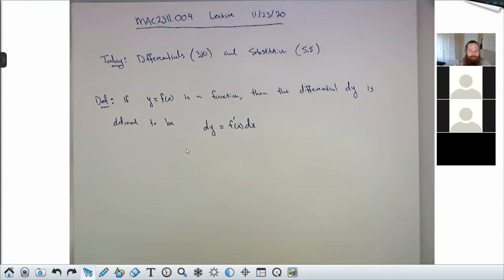This isn't really a satisfying answer to the question, what is a differential? So for now, think of it as just a piece of notation, right?